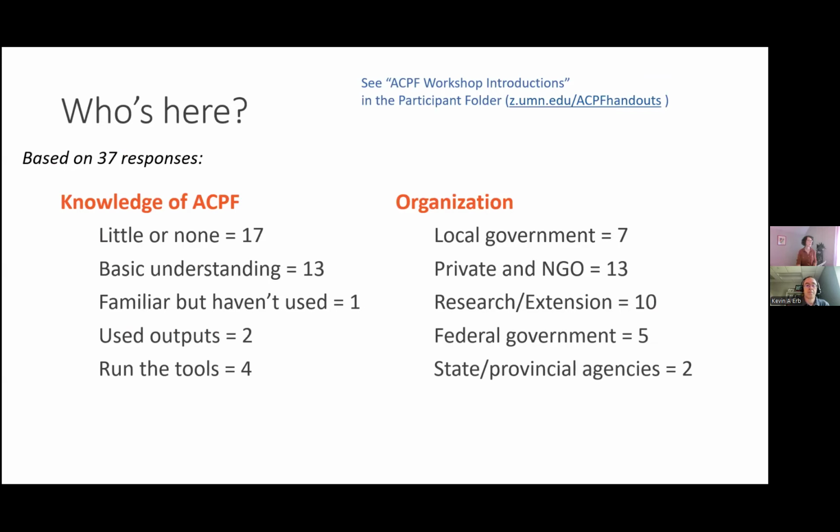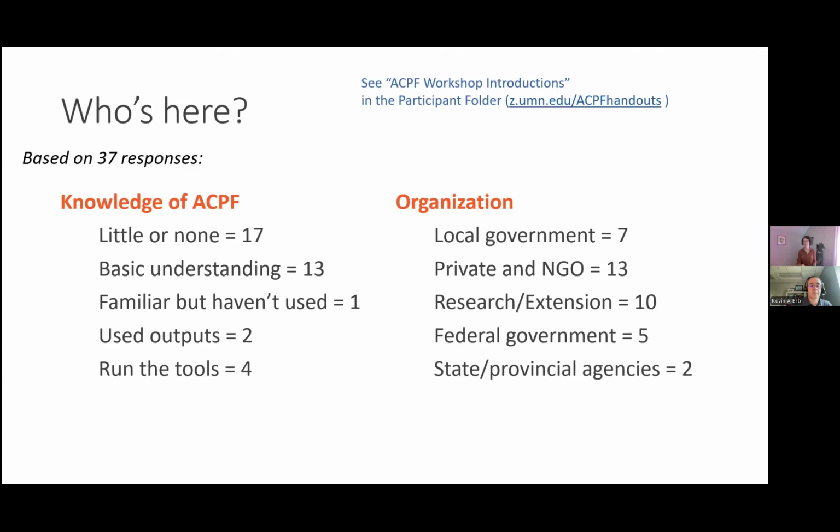So that's good. The organizations who are here, local government, so conservation districts and similar kinds of organizations, private consultants and non-government organizations. There's quite a few of you in the room here. A lot of those are watershed organizations, so they're also working at a scale like the local governments.